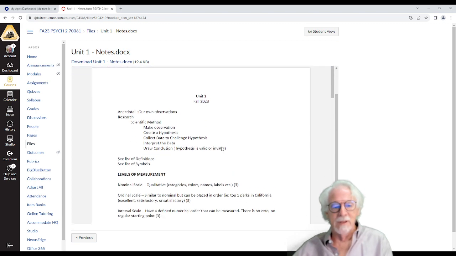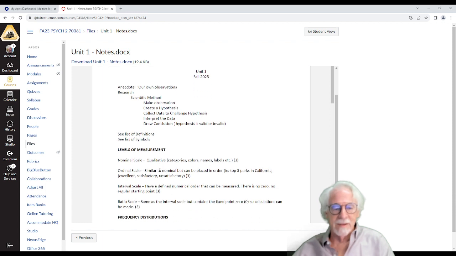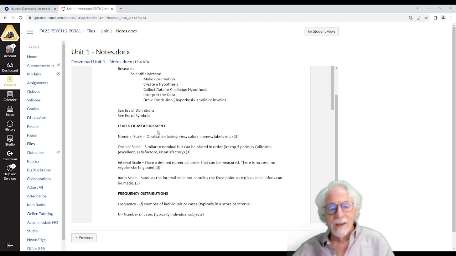So for Unit 1, like I said, it's very short. We're going to talk about some basic research stuff because that's what this class is about, and that's what statistics is about. I'm going to show you where the definitions are, and I have a list of symbols that we're going to use in the class. Hopefully it's comprehensive, but I may have missed a few, and somewhere down the line we'll catch it if it's in the class and we're using it.